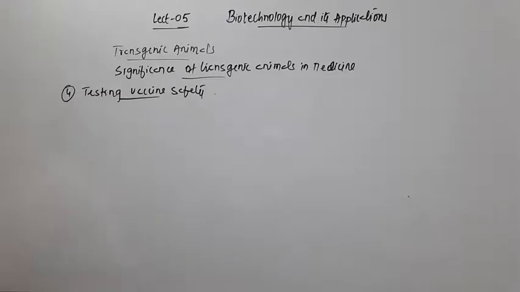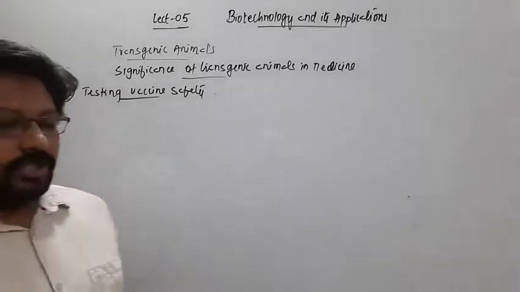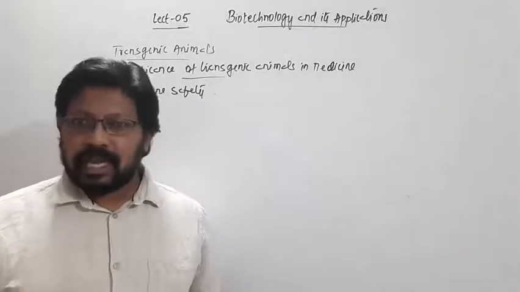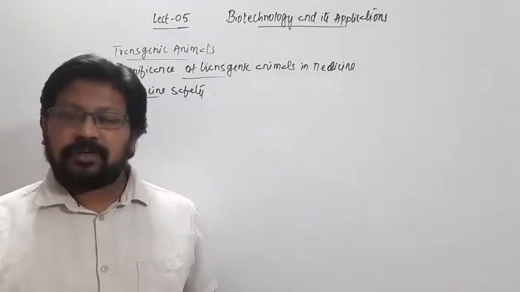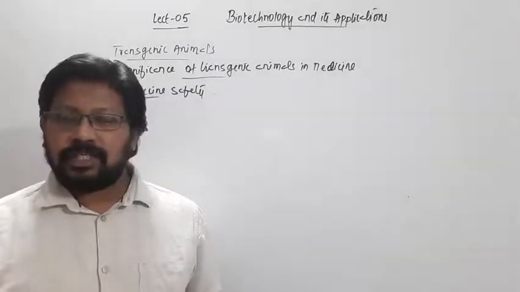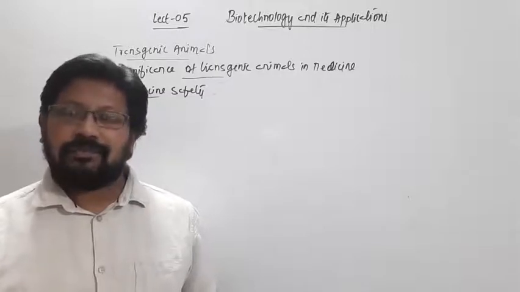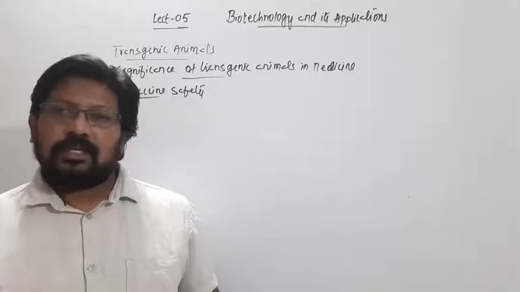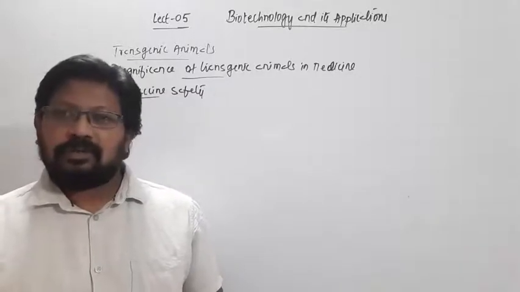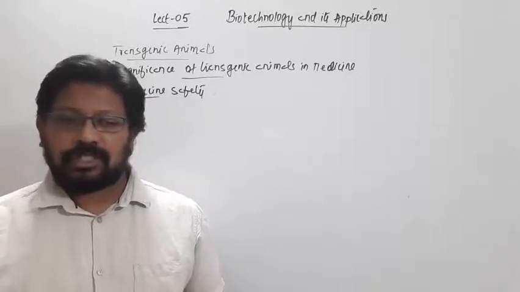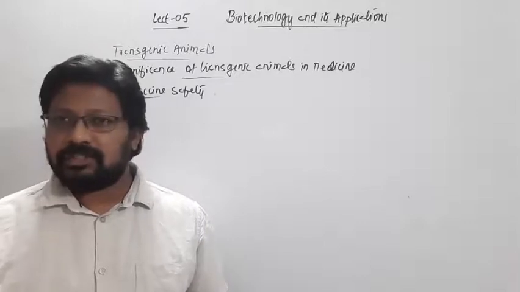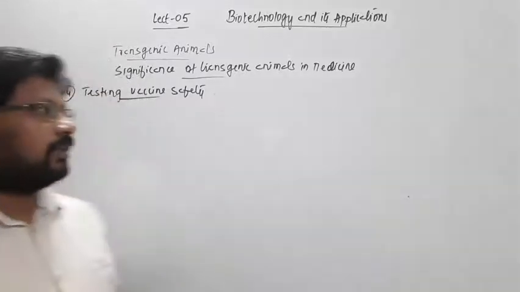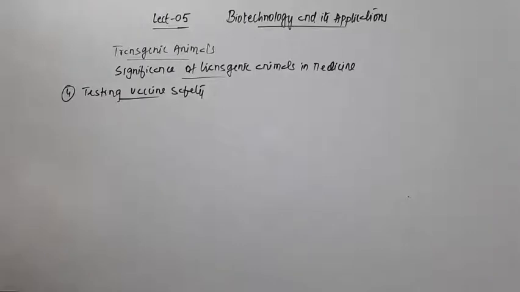Of course, we make transgenic animals that carry the particular disease for which we have developed a vaccine. The disease genes are already introduced into those animals, making them transgenic, and on them we find out whether the vaccine is safe or not.